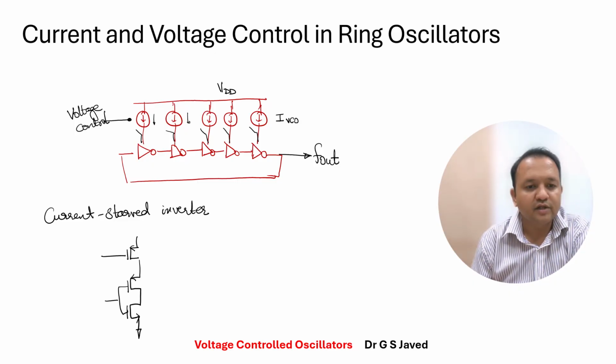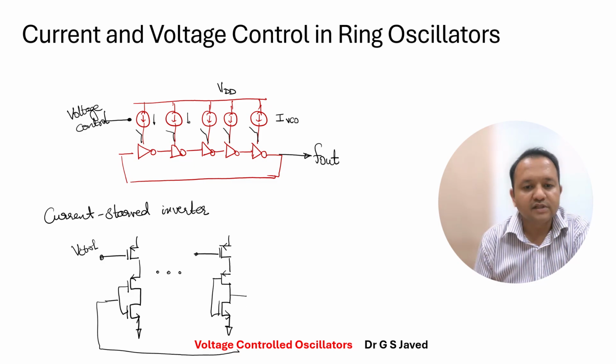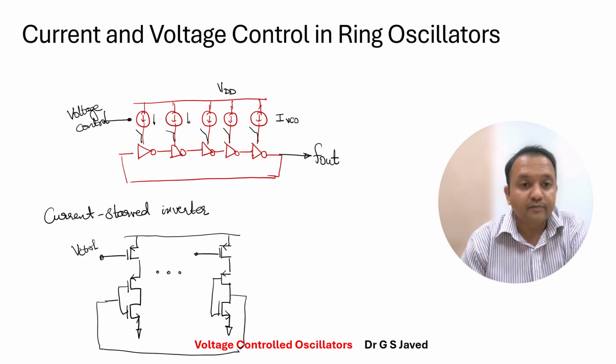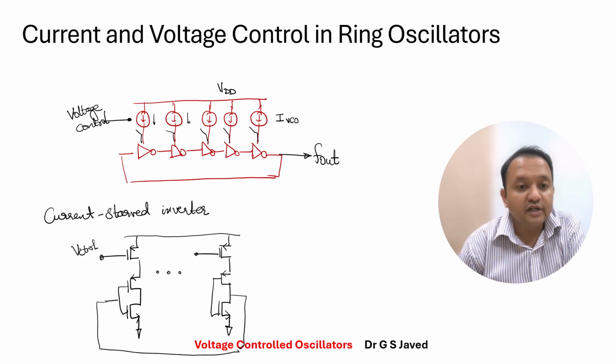So this becomes the inverter and this becomes the V control point. You would have 5 such devices where you can control it, and that would be your simple current starved inverter ring, with a closed loop present here.